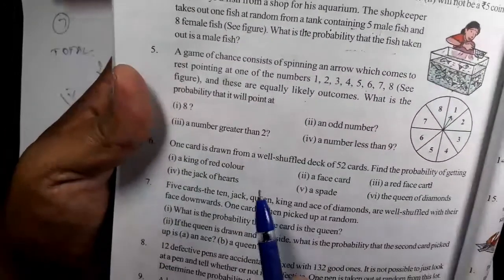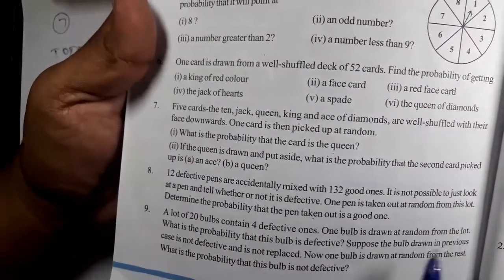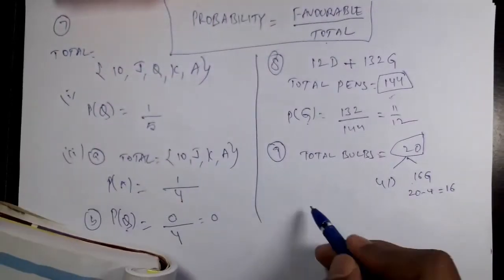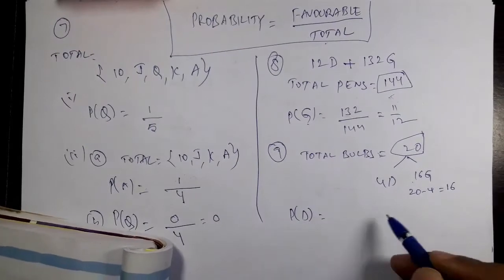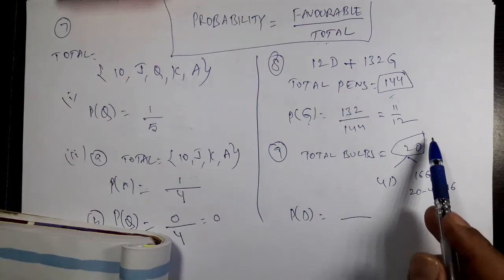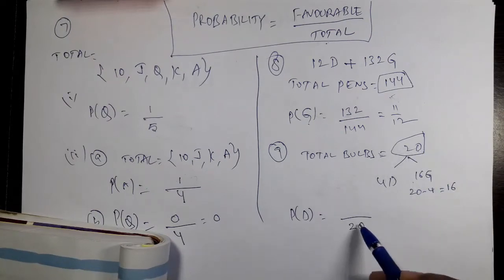Now one bulb is drawn at random from the lot. What is the probability that the bulb is defective? You are supposed to find the probability of getting a defective bulb. Coming to the formula, favorable by total. Denominator is total. Out of these 20 you are drawing one bulb, so denominator is 20.